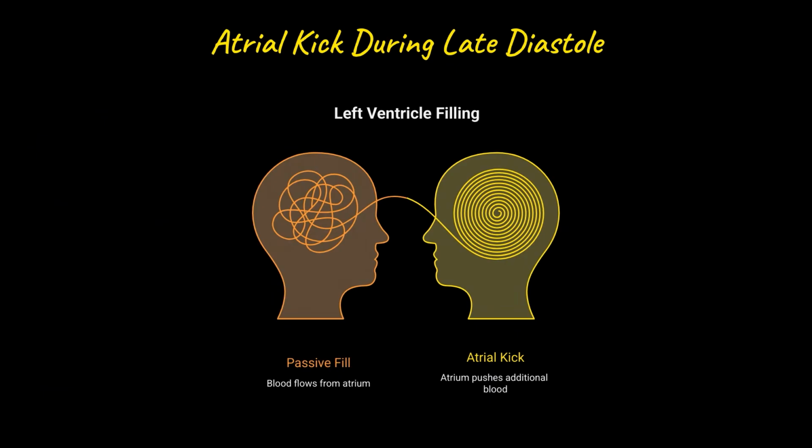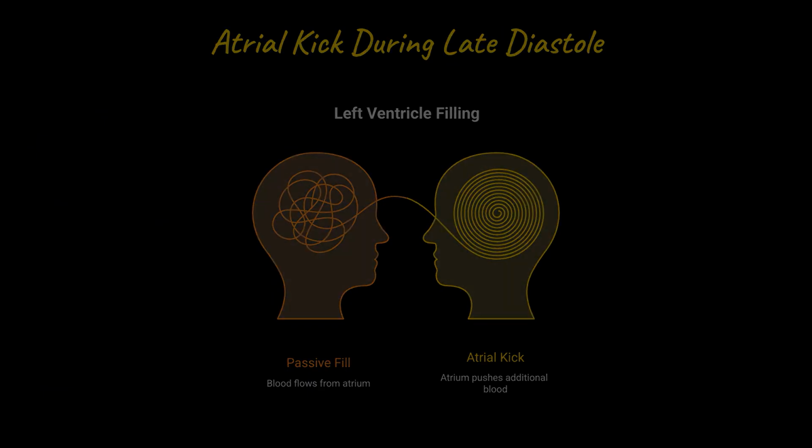Then, just before the QRS complex, the atria contract and push an additional bolus of blood across, topping off ventricular volume right before systole. At rest, the atrial kick contributes about 20 to 30% of total end diastolic volume. As heart rate rises and diastole shortens, passive filling decreases and the atrial kick's relative share grows.